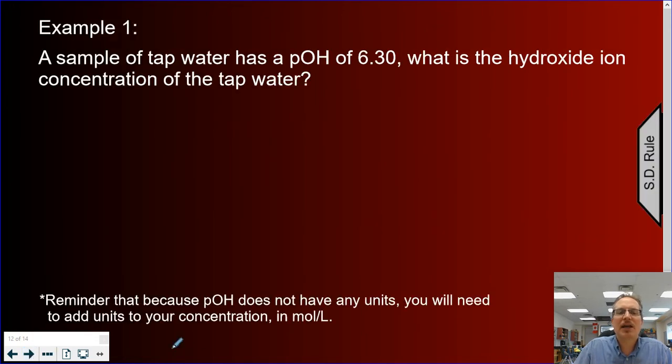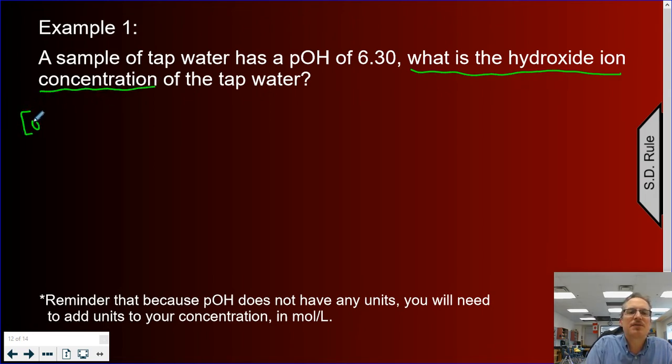Well, let's try 2 more examples. A sample of tap water has a pOH of 6.30. We would like to know what is the hydroxide ion concentration. So to find hydroxide ion concentration, we're going to take 10 to the negative pOH.